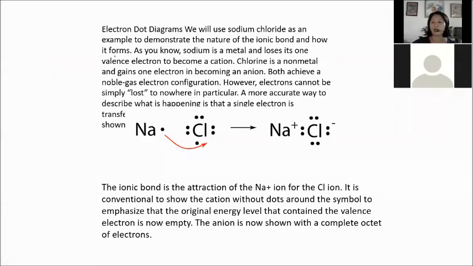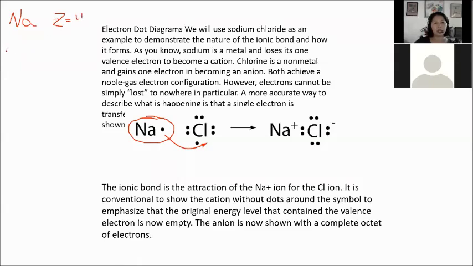Okay, so we have here the illustration of the electron dot diagram ng Na and Cl. So alam natin that yung Na nasa group 1. And then kung balik-balikan natin yung configuration ng Na, may atomic number yung Na equal to 11.